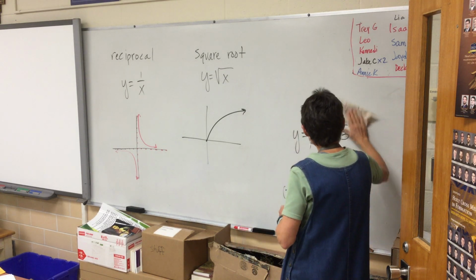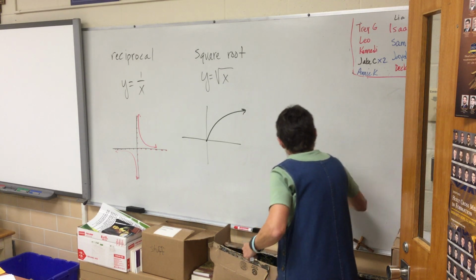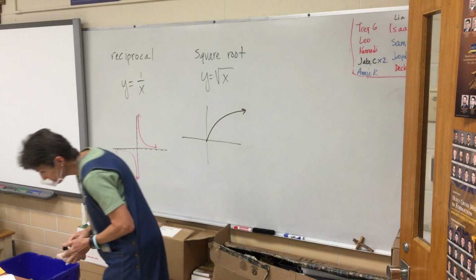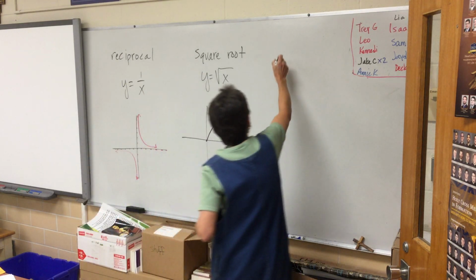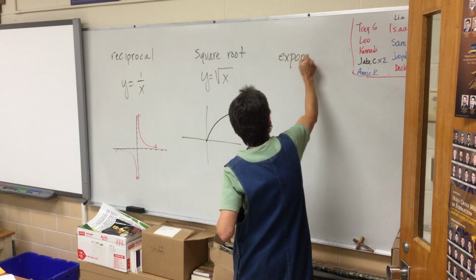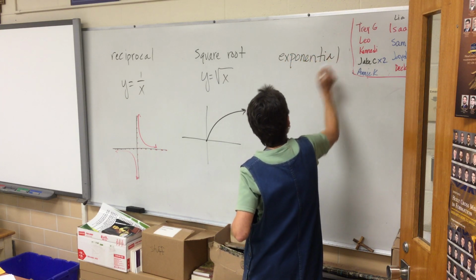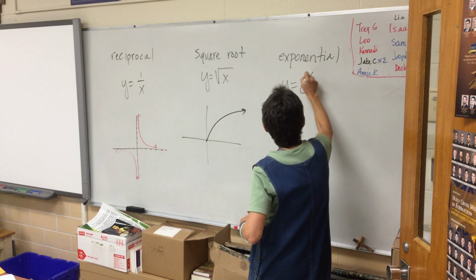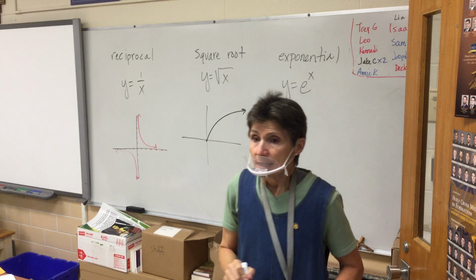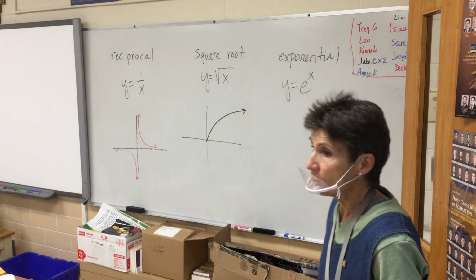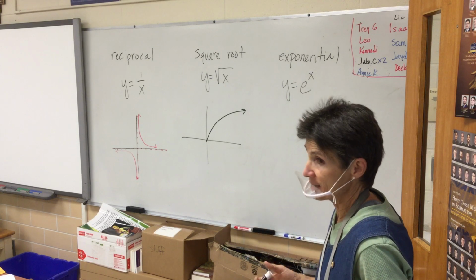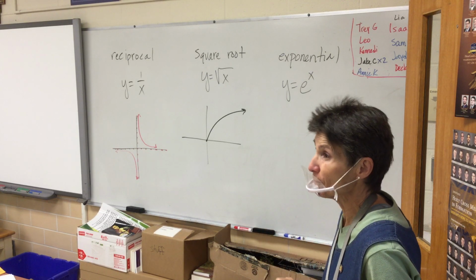All right, so what's next? After square root comes exponential. So the exponential function is y equals e to the x. E is Euler's constant. That's a mathematician, Leonhard Euler.